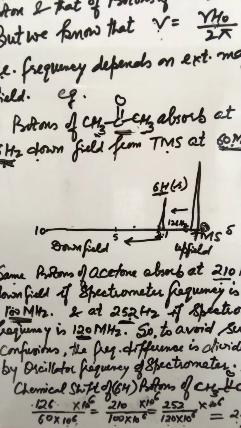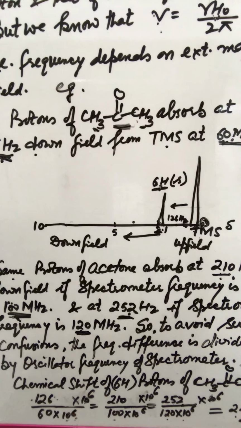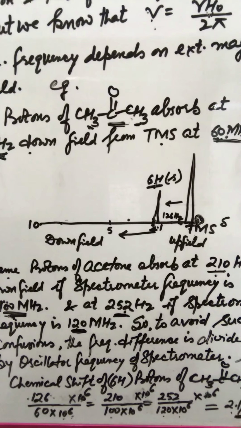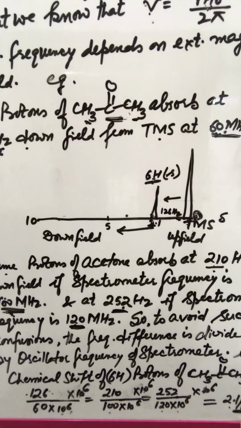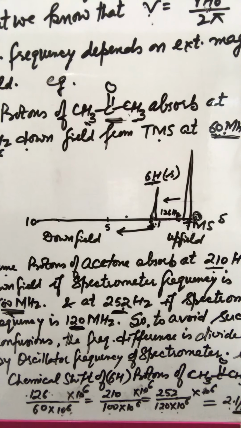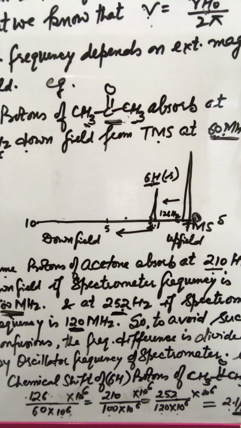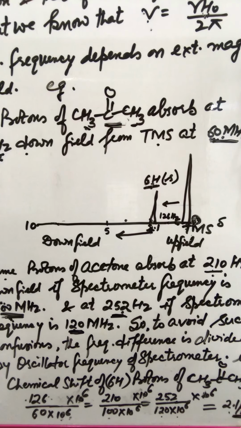So frequency of the spectrometer matters. अगर हम इस कन्फ्यूजन को हटाना चाहते हैं कि दुनिया के किसी भी हिस्से में अगर किसी कंपाउंड का स्पेक्ट्रम रन किया जाता है तो ऐसा कन्फ्यूजन तो नहीं होना चाहिए. Everywhere the value should come out to be the same.